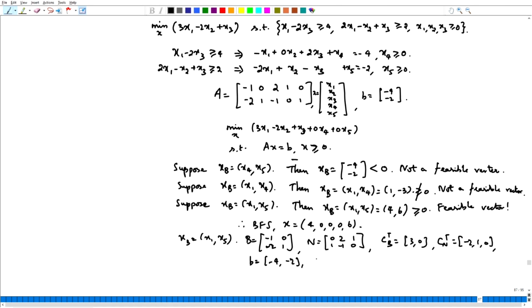Since we are also asking for B set and N set, B set will be 0 and 4, and N set will be 1 to 3.